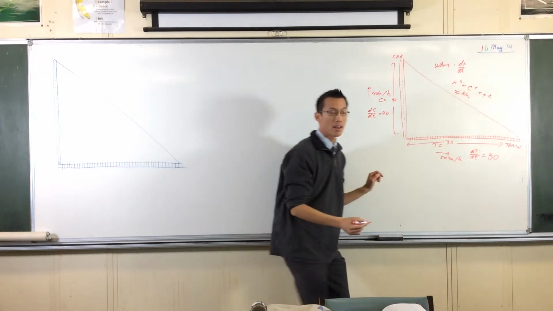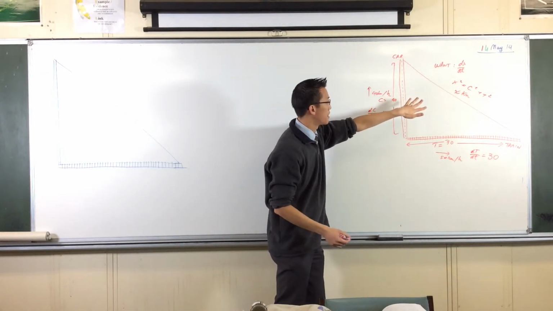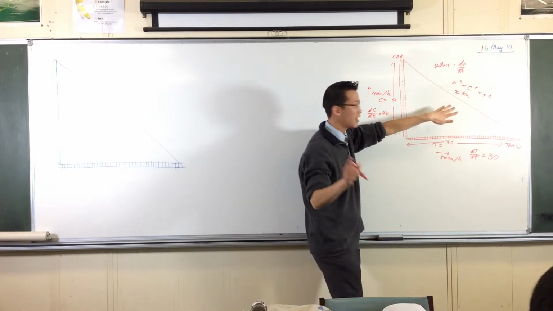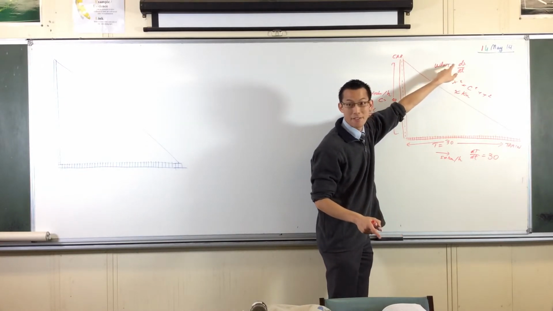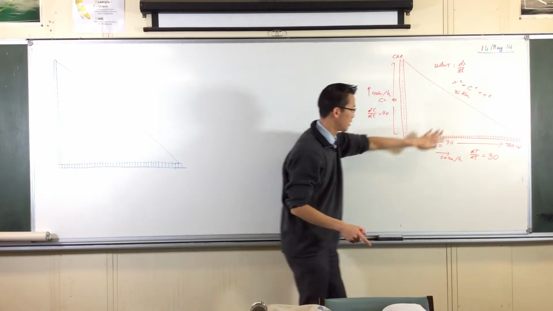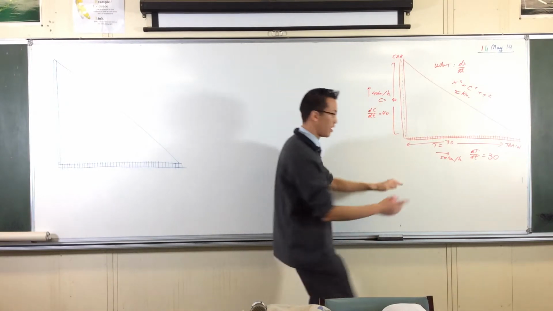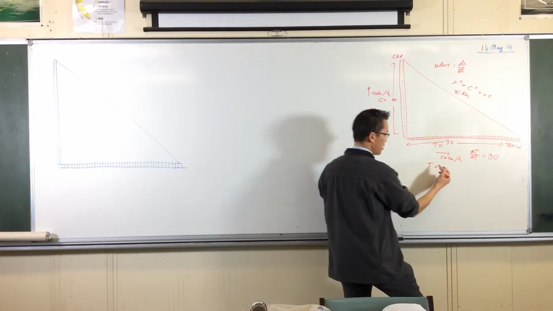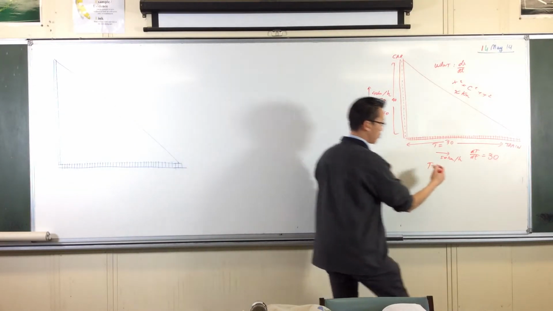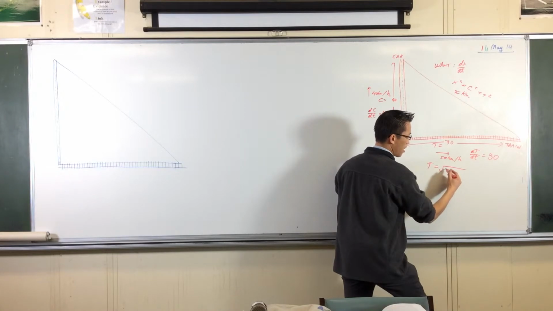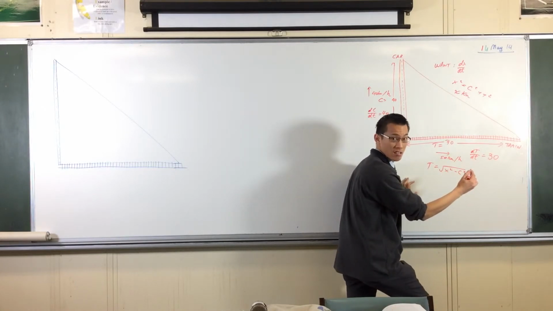I could go that way and try and replace something over there. But then you think, no, wait, not such a good idea to replace x, because we want that in our final answer, right? So don't get rid of x. So you look at one of these guys, you think, okay, well, this is the other side. So I can say T is equal to, well, it's a shorter side, so it's going to be the square root of x squared minus C squared? Yeah? Is that looking about right?